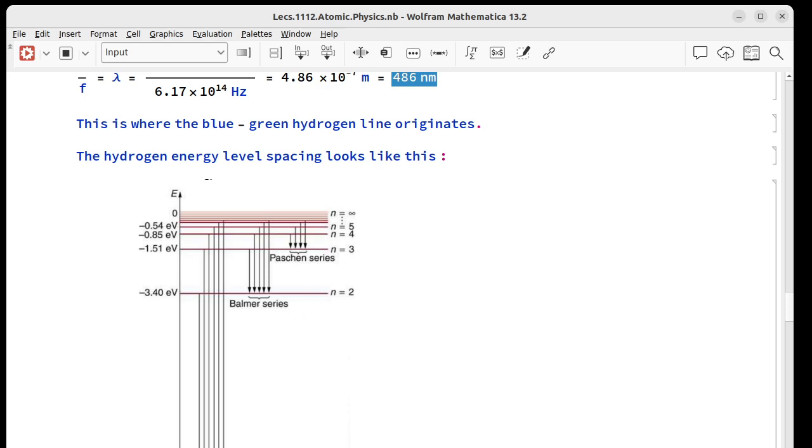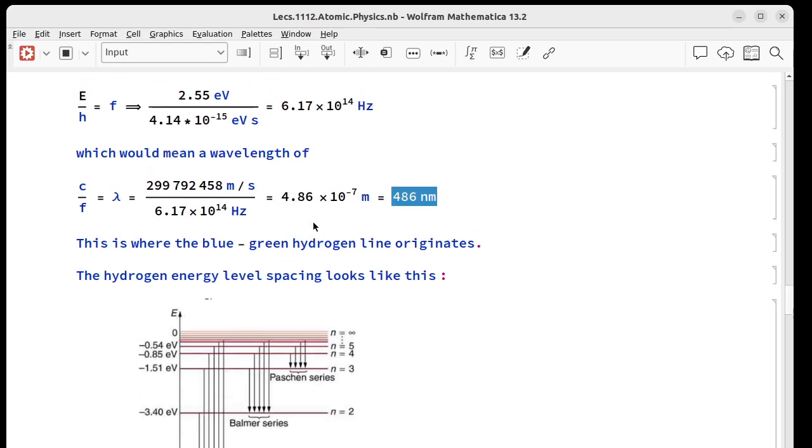Here's the bottom step, the ground state. The first step up is a long way up. It's 10 eV and change up here. Then the next one is almost 2 eV above that, and about 0.7. They start to get closer and closer together. As you get higher, the 1 over n squared numbers get closer and closer to the same value. So that's why they're getting closer here.